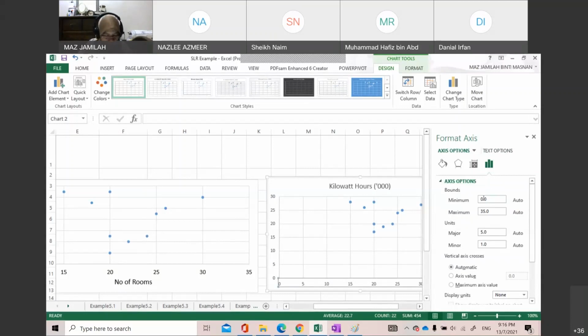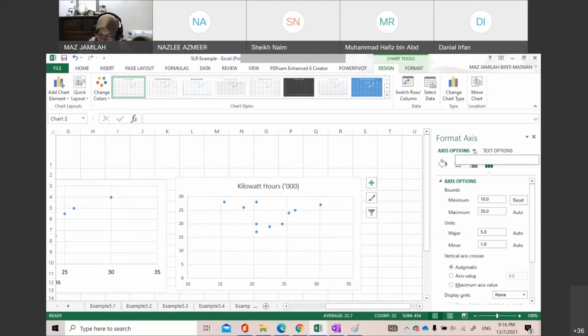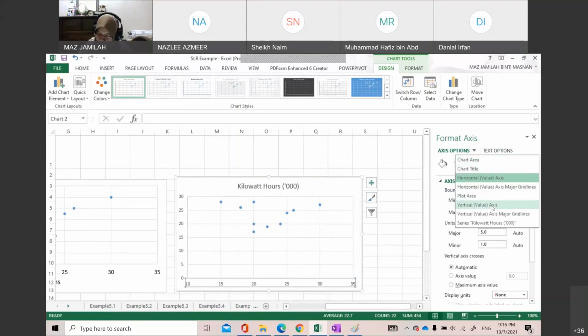I want it to begin with, I think the smallest is 10. Okay, let's say I put it 10. And then the largest would be 30, so let's say I put it 35, then acceptable. So I go to the vertical axis.